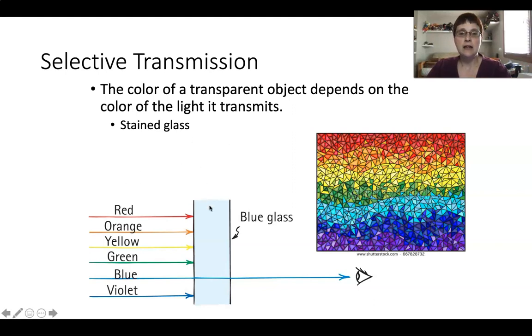On the other hand, the color of the glass, like I said, depends on what part it lets through. So in our stained glass here, the blue color that's down here is only letting through blue frequencies, okay?